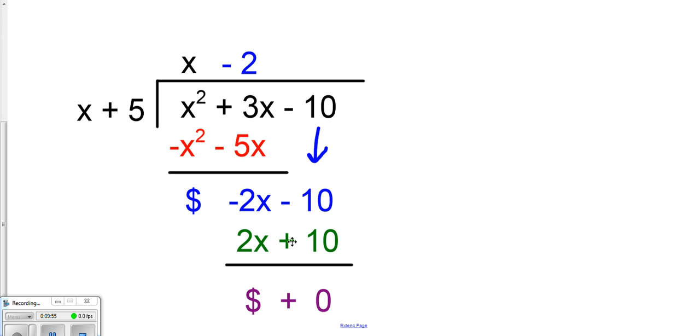Negative 10 plus 10, I have a remainder of 0. If you have a remainder of 0, you don't even really need to mention it. You can just say, all right, here is my answer. x squared plus 3x minus 10 divided by x plus 5 will give me an answer of x minus 2. That would be my quotient.